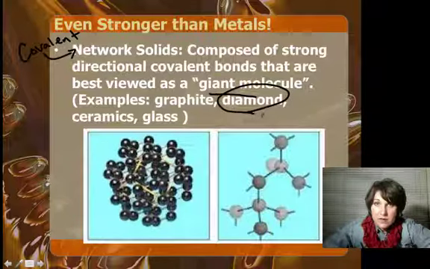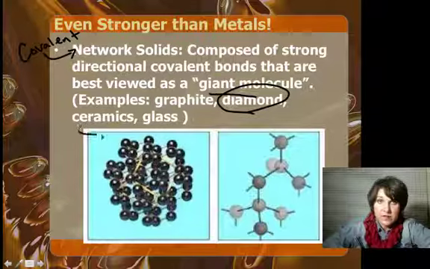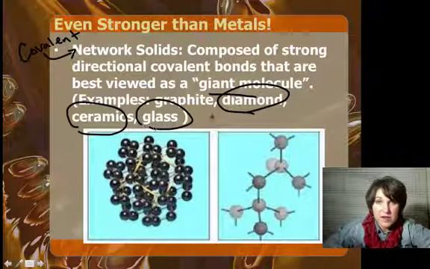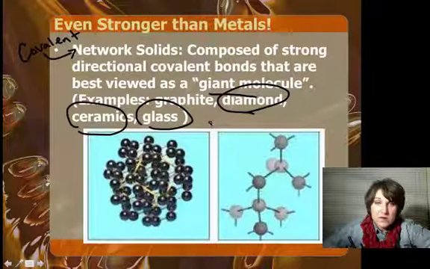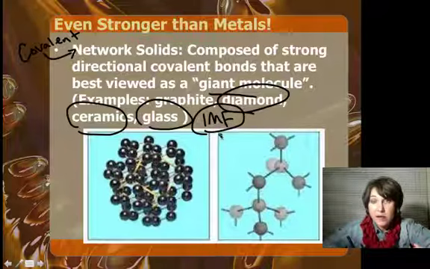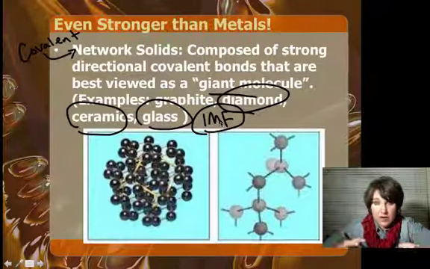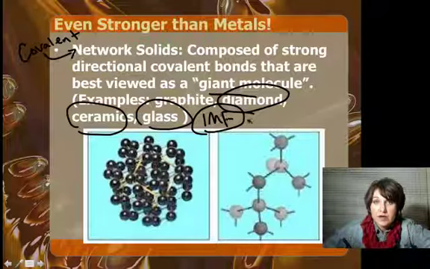Diamond is one of those that is known for its strength. Ceramics and glass are another, where we take silicate-based molecules and bind them together in a very rigid structure so that it adds a lot of strength, especially since the intermolecular forces basically all become intramolecular forces here because all of the particles bond together in one large network.